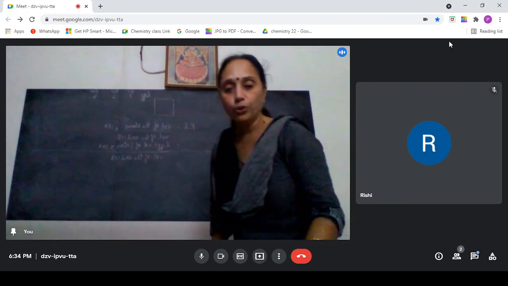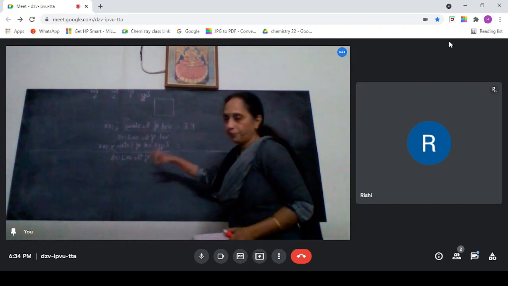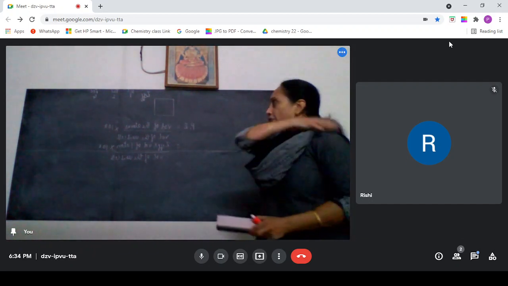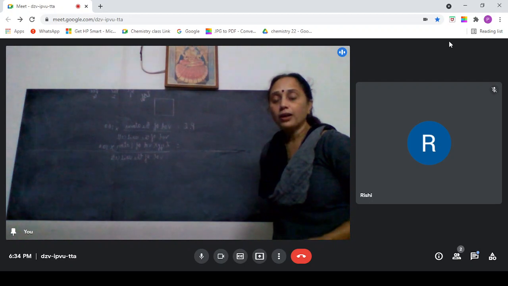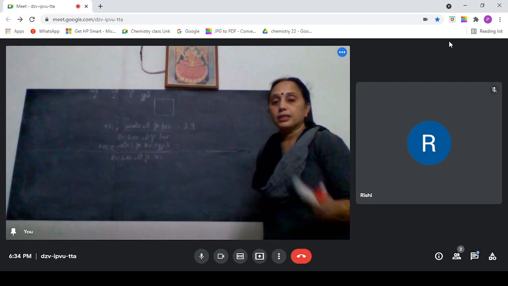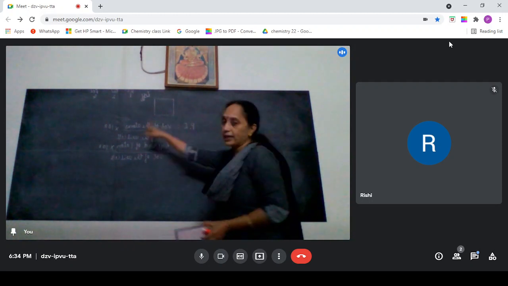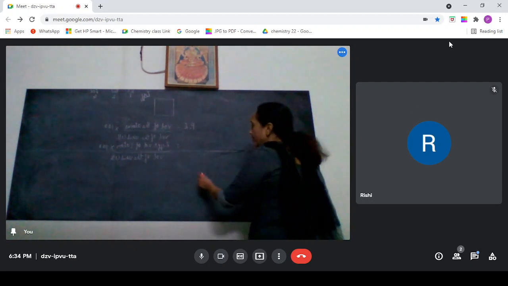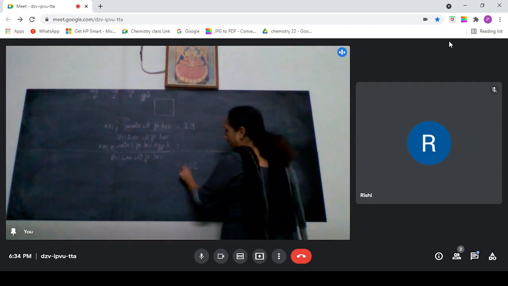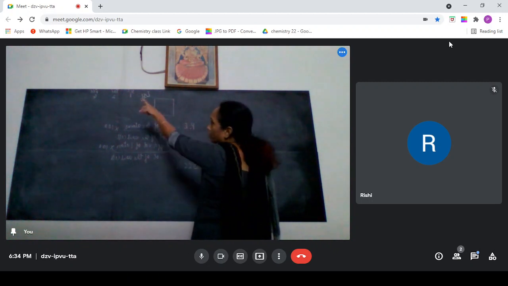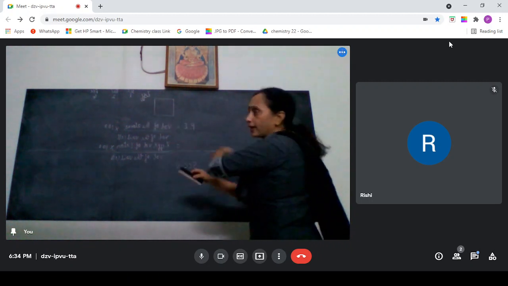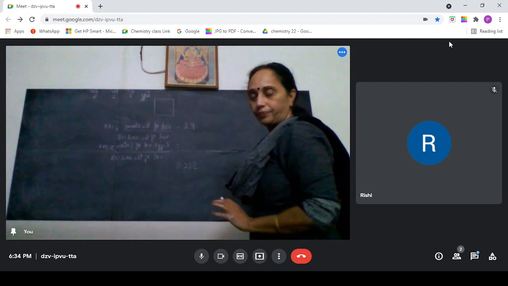Now write down this formula. We have to calculate for all the three, simple cube, body centered, face centered, what is the packing efficiency, packing fraction. Now I will do simple cube directly and then I will make two columns and write body centered and face centered together.